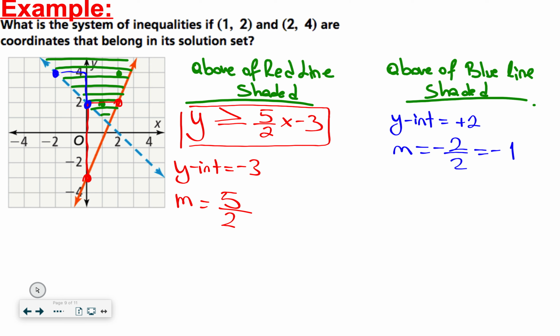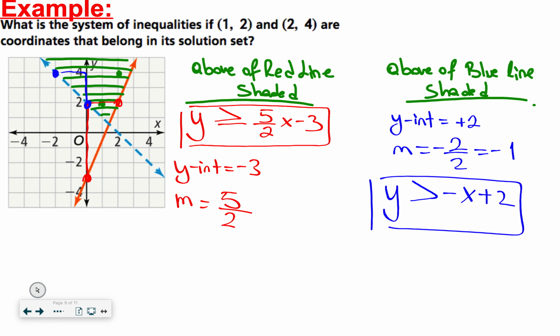And as you see here, the blue line is a dashed line, and it is also shaded above the line. That's why y must be greater than, but not equal to, because this is the dashed line. Slope is -1, so -x plus 2. These are the two inequalities that belong to this graph.